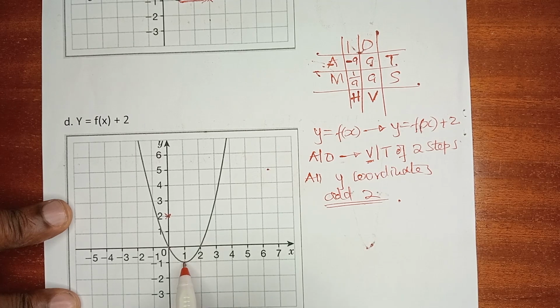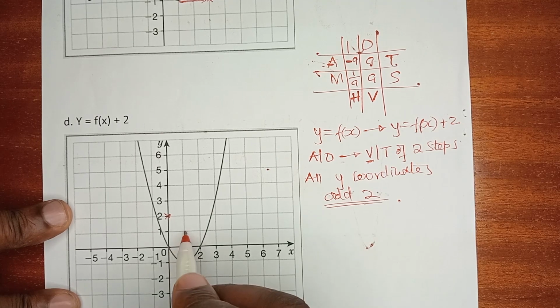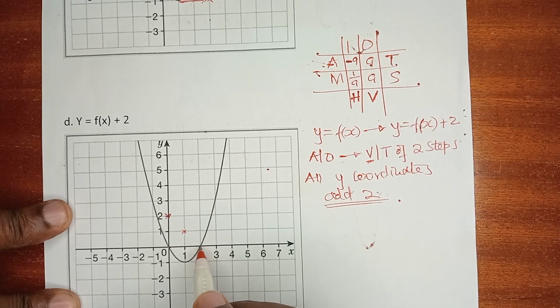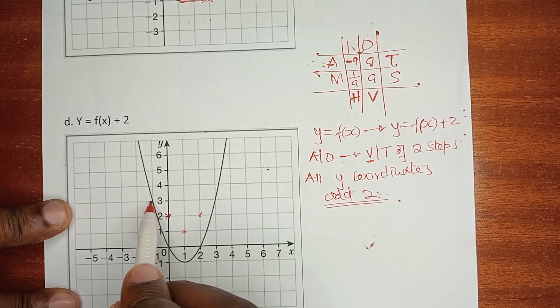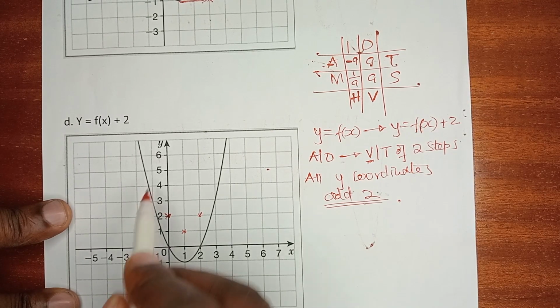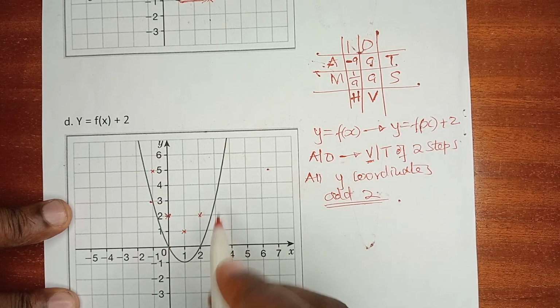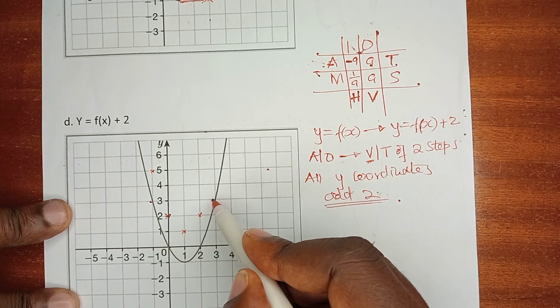At this point y is -1 plus 2, we get 1. At this point y is 0 again plus 2. At this point y is 3 plus 2, it gets 5.